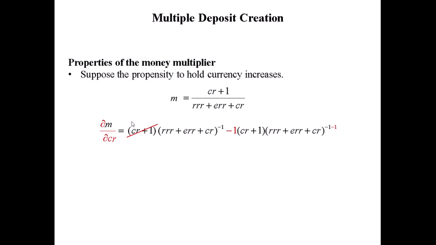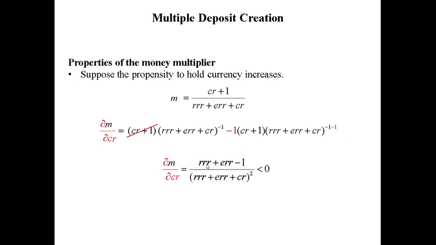So we're just left with 1 times the denominator. And then this, if you notice, looks familiar. When we differentiate the second part of the second product with respect to CR, we have to subtract off 1 from the old exponent, and we have to multiply the whole thing by the old exponent. When we simplify, we get this quantity.